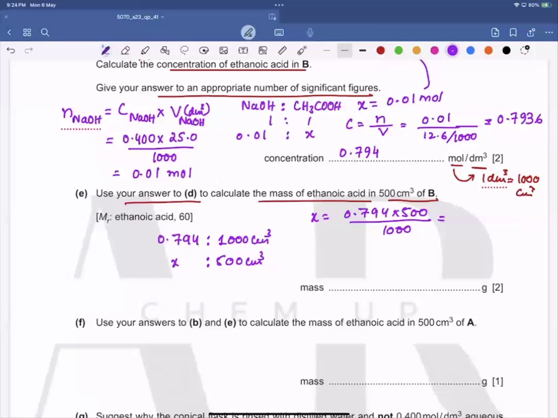So, dividing, we get 0.397 moles. And they are asking the mass, the Mr. So mass is equal to moles times Mr. Moles are 0.397 times 60.